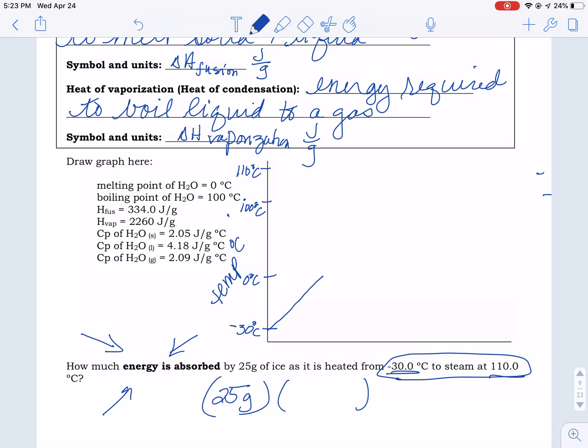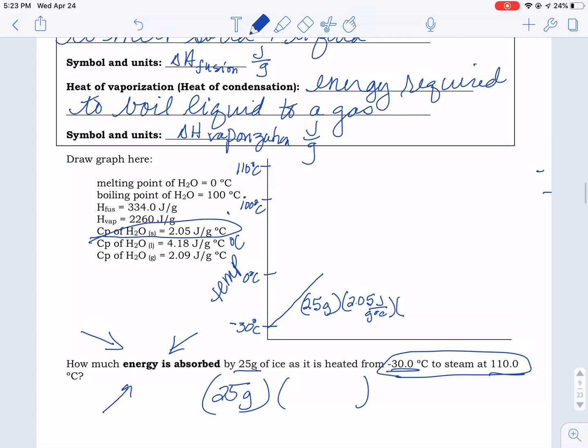So we can use mCΔT here. We can use the mass, which is 25 grams. The specific heat of ice is given over here on the left. It's 2.05 joules per gram degrees Celsius. And our temperature change is negative 30 to 0, so we have a change of 30 degrees Celsius.